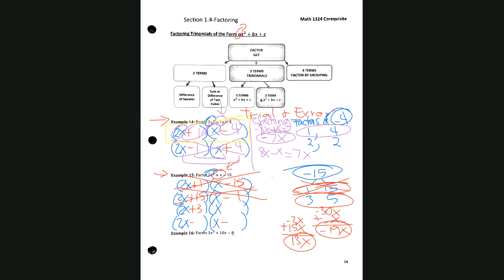So I'll be placing a negative sign here, and so this should be positive. Okay, so I'm going to place my positive 3 there and then my negative 5 here. So let's see if we could check.